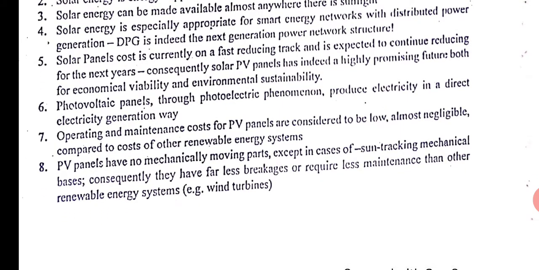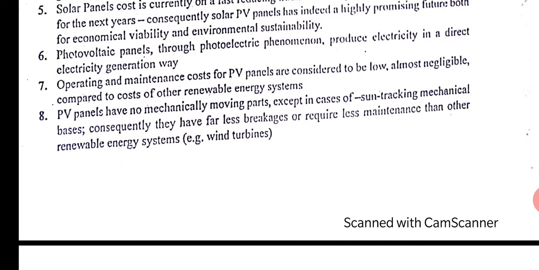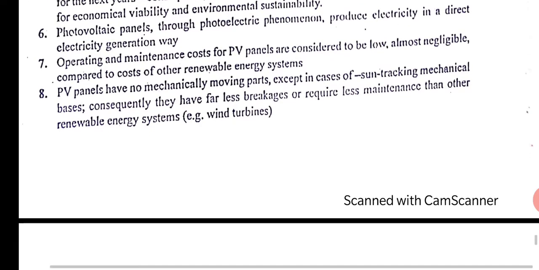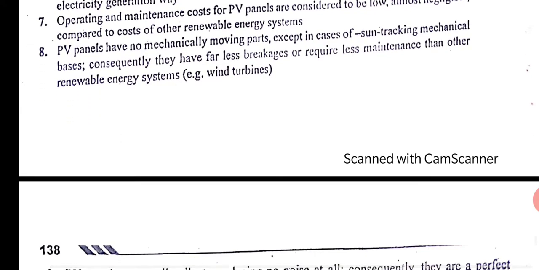And solar PV costs are reducing very much. As I told, it is now around 30 to 40 rupees per watt. There is a direct conversion of solar energy into electricity, DC. Operation and maintenance cost is very low compared to other renewable energy systems. The only maintenance is dusting and cleaning, because dust will reduce the efficiency of the solar PV films.